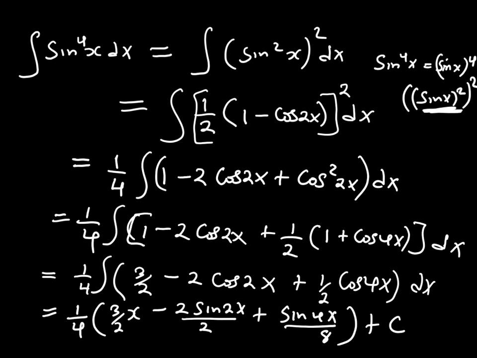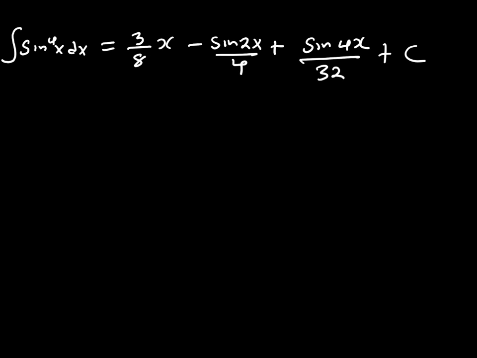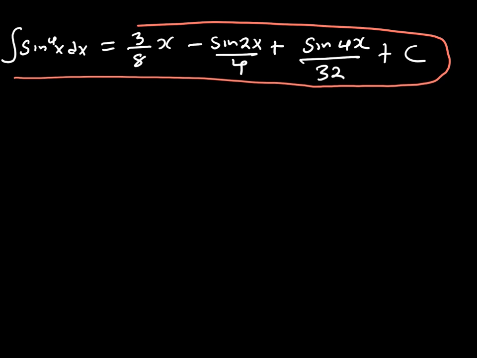So let me write this on the next page. We end up with 3 over 8 of x minus sine 2x over 4 plus sine 4x over 32 plus a constant of integration. That's what we get when we integrate sine to the 4 of x.